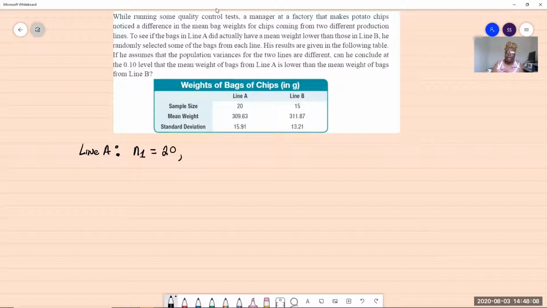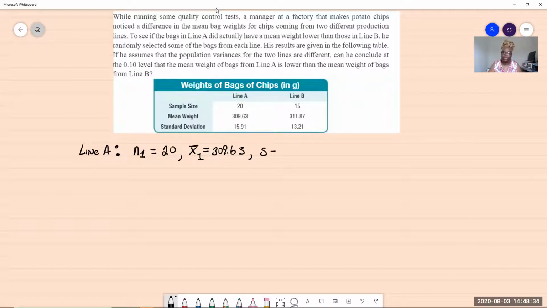The mean of line A, which means the bags that came out of line A. So this is the sample mean, not the population mean, just that sample. So that's going to be X bar. And likewise, we're going to have our sample standard deviation, the standard deviation of that line. S is equal to 15.91.